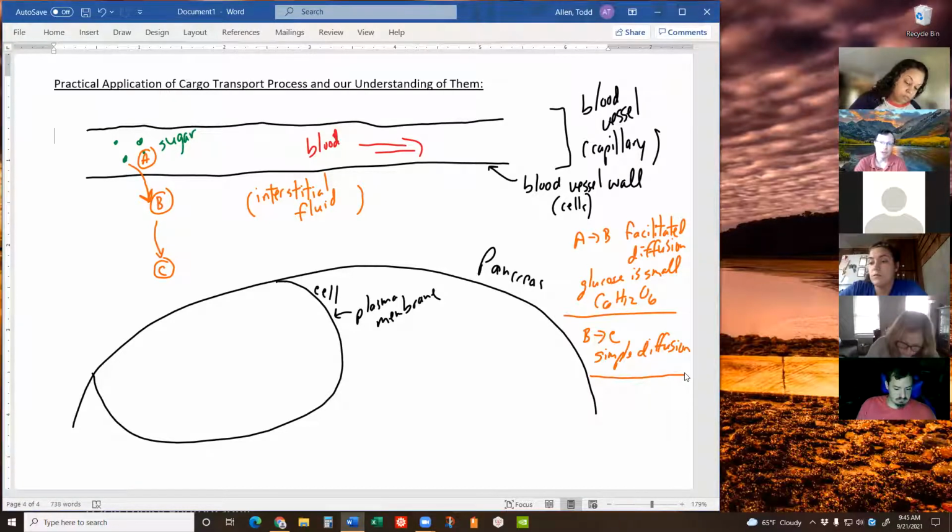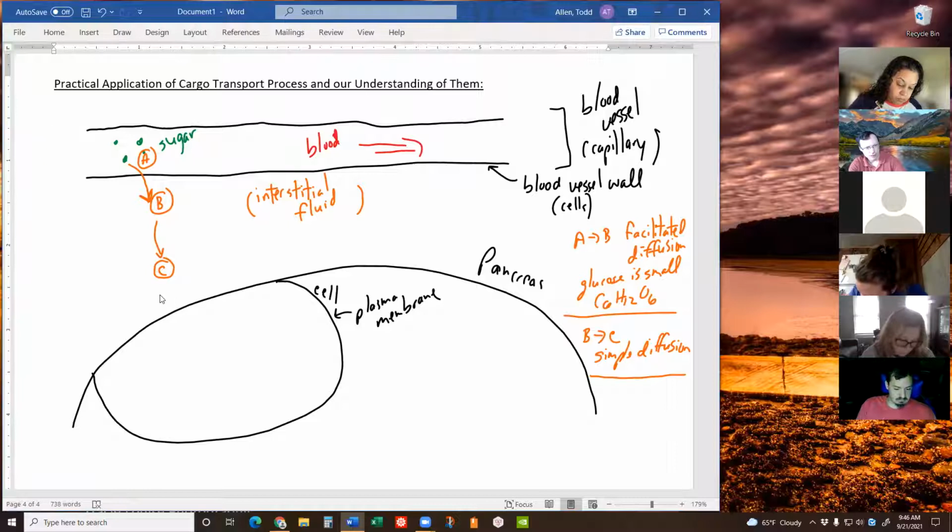Folks, does it make sense why A to B is facilitated diffusion, but B to C is simple diffusion? From A to B, you have to cross the membrane. From B to C, you do not have to cross the membrane. Please let me know if you have questions.